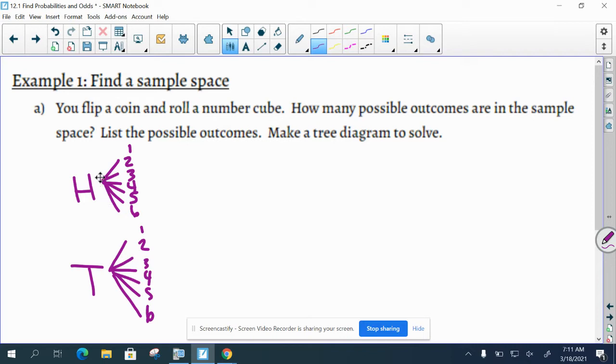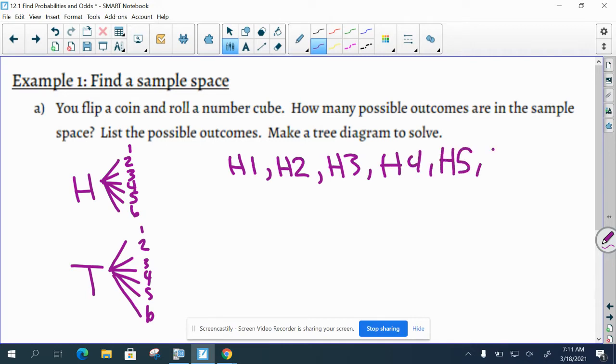Then we would have heads and 1. We could get heads and 2, heads and 3, heads and 4, heads and 5, or heads and 6. This is how you would abbreviate and list your sample space, the abbreviations for the possible outcomes we could have.